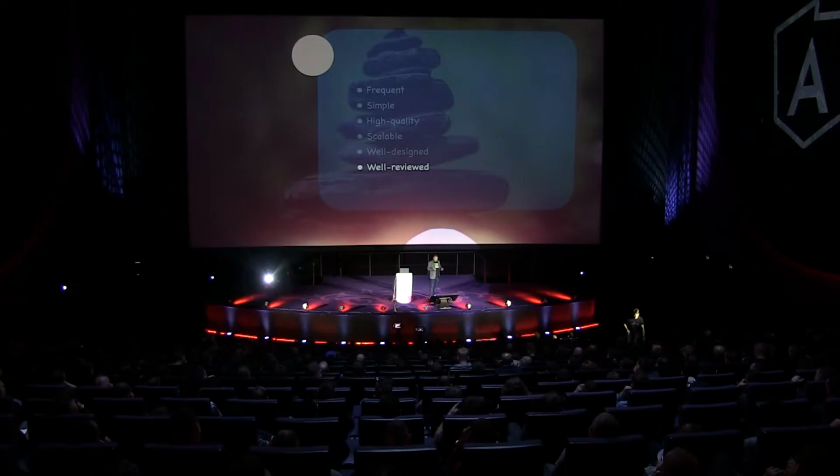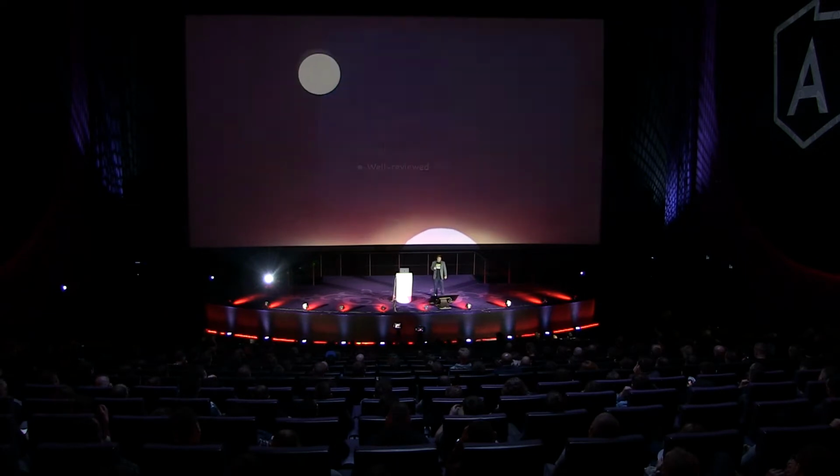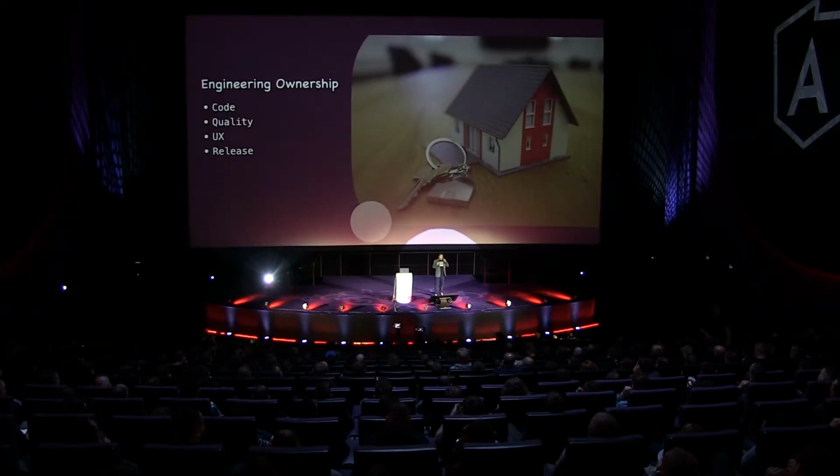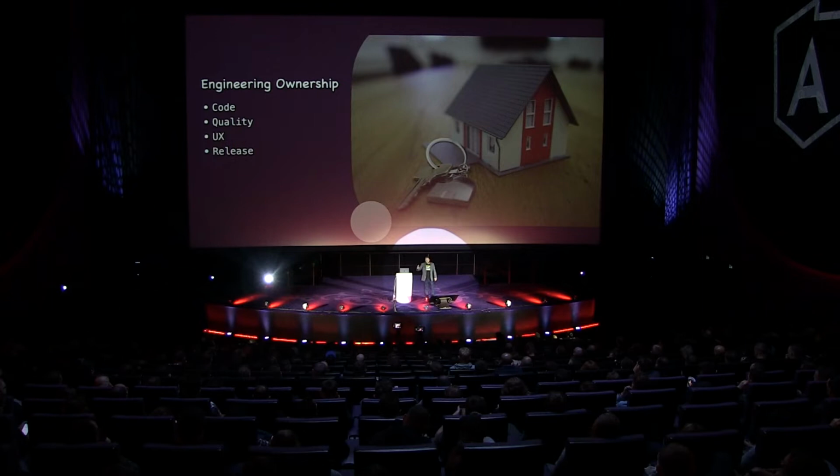Now, given this goal, what steps can we do to actually achieve this? And before I get to the steps, actually, why do we actually want this? Frequently, we think about development as implementing a feature, right? But I'd argue that as engineers, we want a little bit more than just implementing a feature.